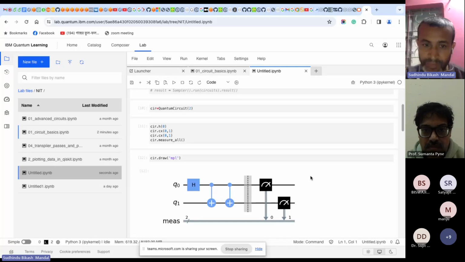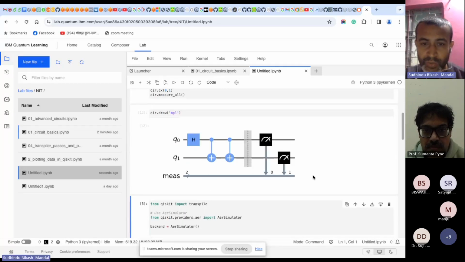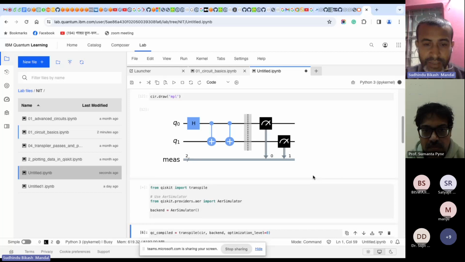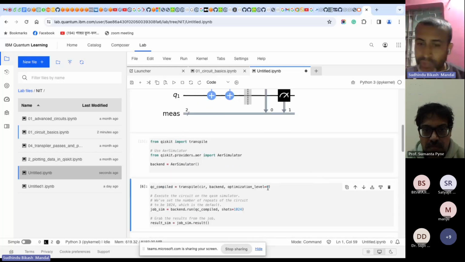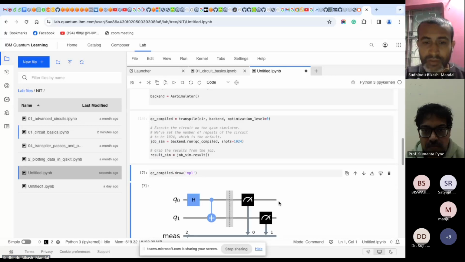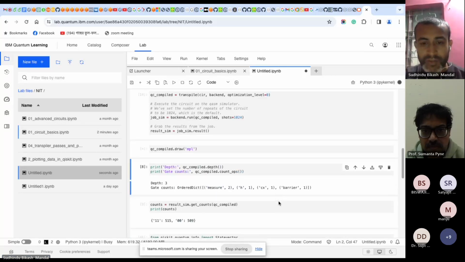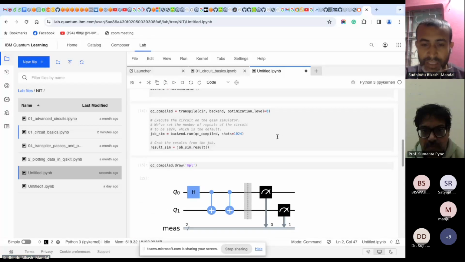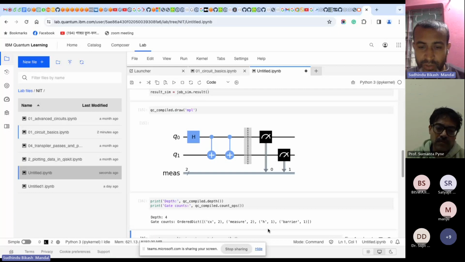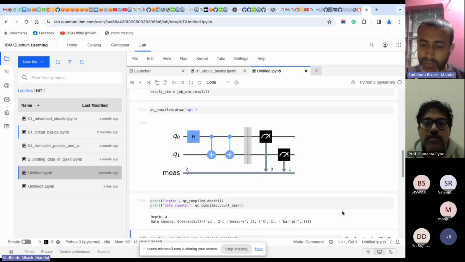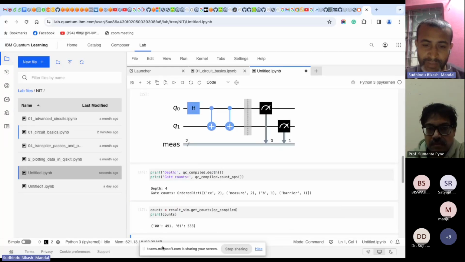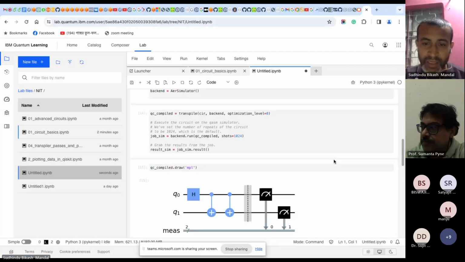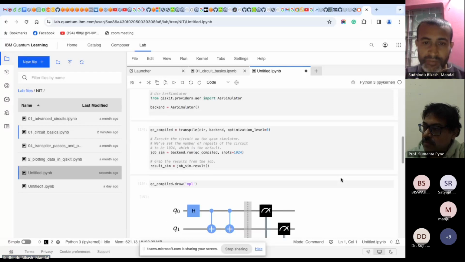It's doing nothing. Okay. So again simulation. Still, I'm using optimization level 0. So the circuit is the same. There is no optimization, and see, here you have 2 CX gates and 2 measurements, 1 Hadamard gate. Outcomes will be the same because this is identity.